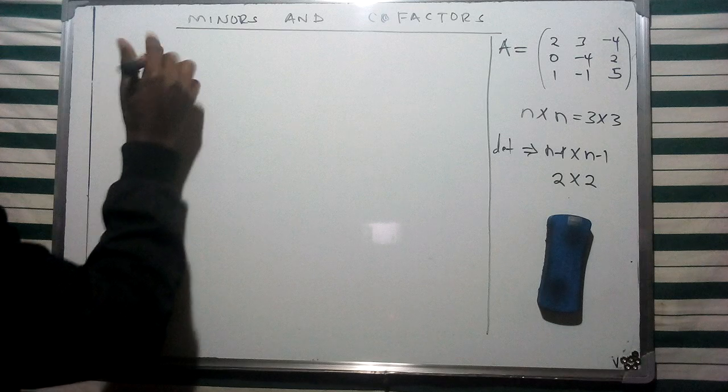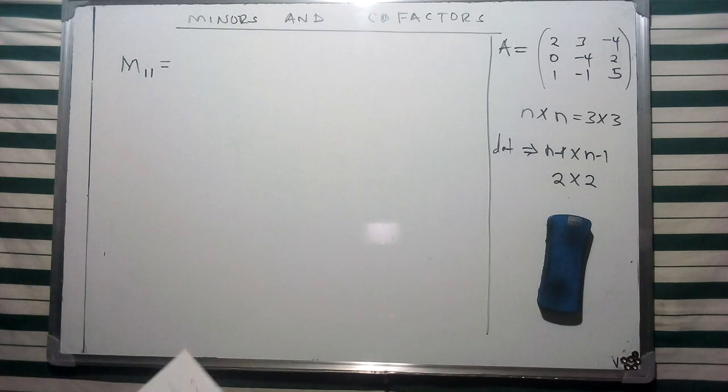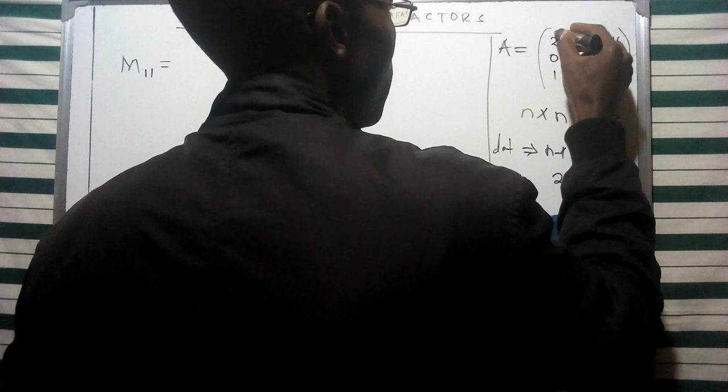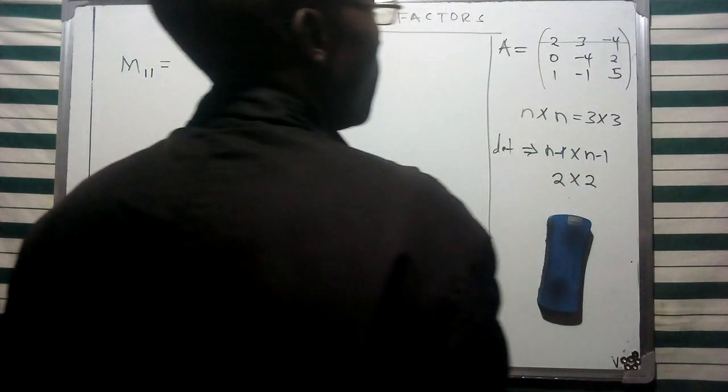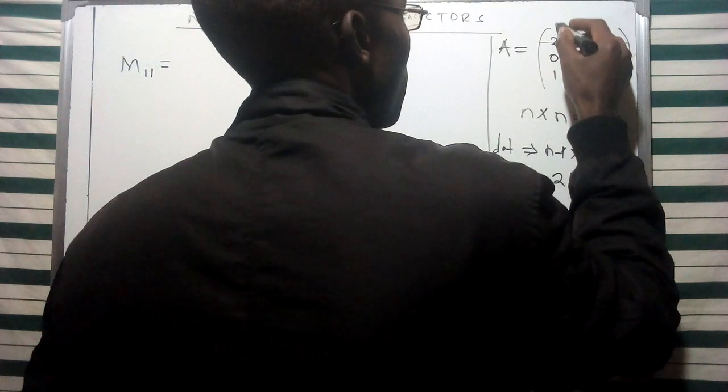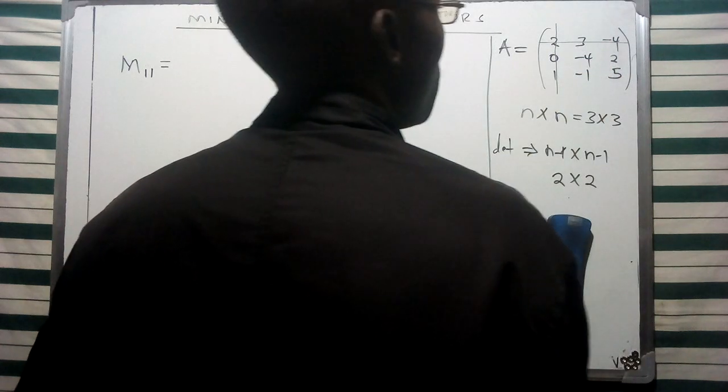Therefore, for the first row and the first column, we can obtain a minor by deleting the ith row and the jth column. So in this case, our ith row, which is the first row, is deleted, and we also delete the jth column, which is number 1, as such.